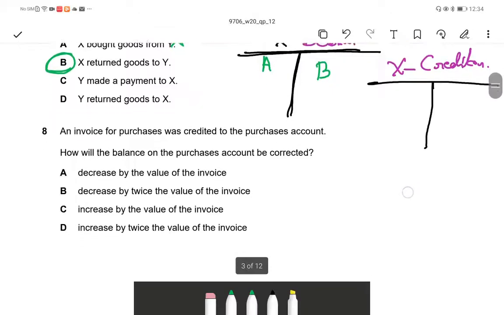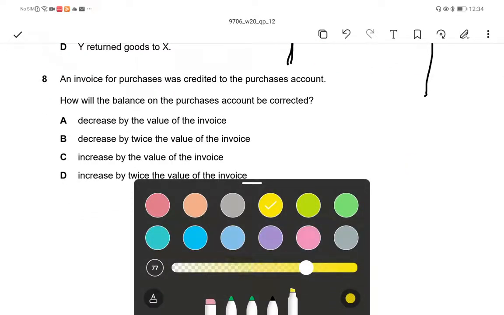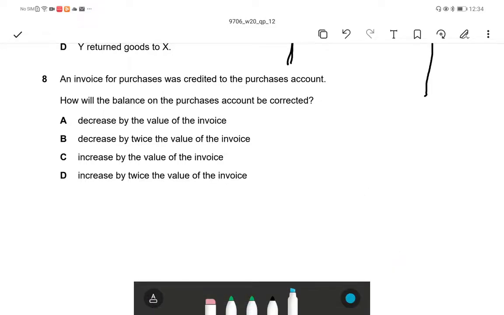Next, an invoice for purchase was credited to purchase account. The credit purchase by mistake was credited to purchase account. Actually, purchase is a debit. Here there are two mistakes. How will the balance on purchase account be corrected?